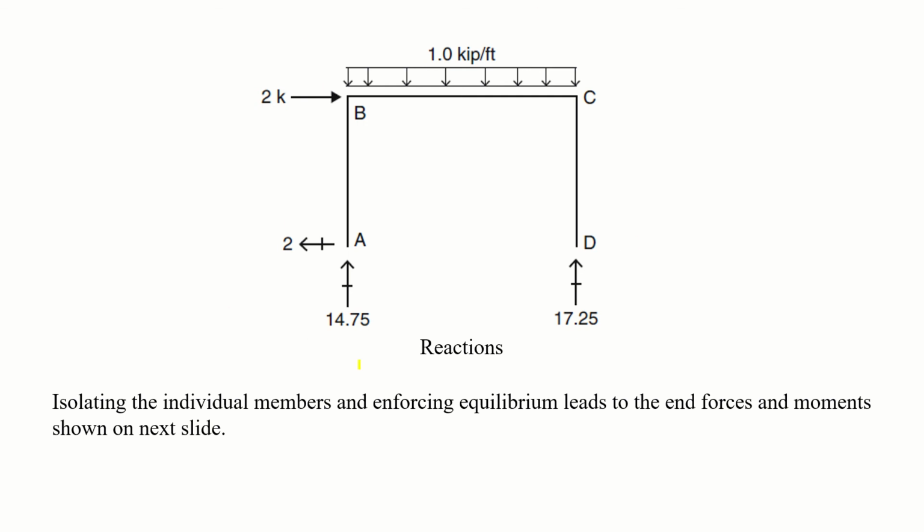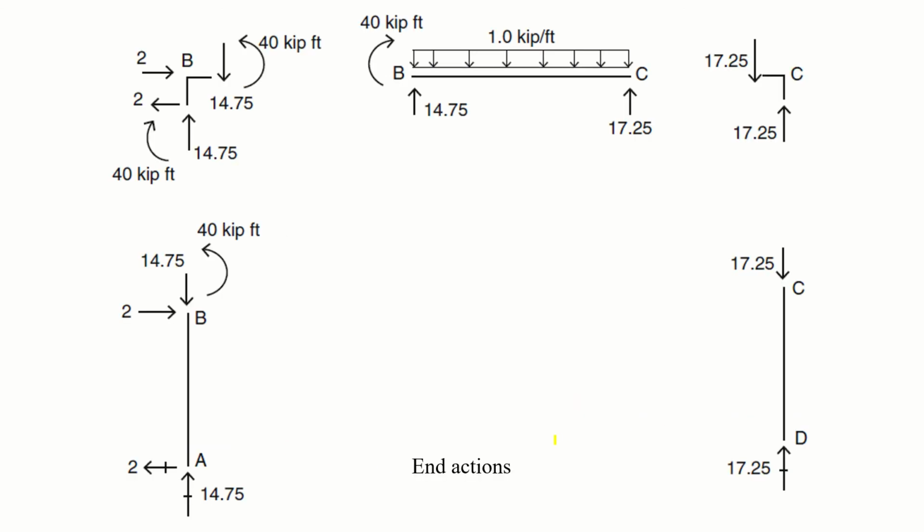These are your reactions against the applied forces. Isolating the individual members and enforcing equilibrium leads to the end forces and moments shown on the next slide. So start with CD. You had this force or reaction at joint D, which was a support reaction.